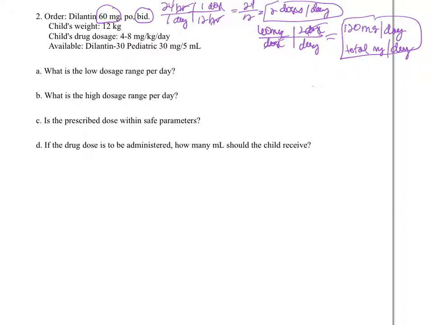So the next thing we're going to do is look at what is the low dosage range per day. Last time we looked at per dose, but today we're looking at per day. So the drug's dosage is 4 to 8 milligrams per kilogram per day.